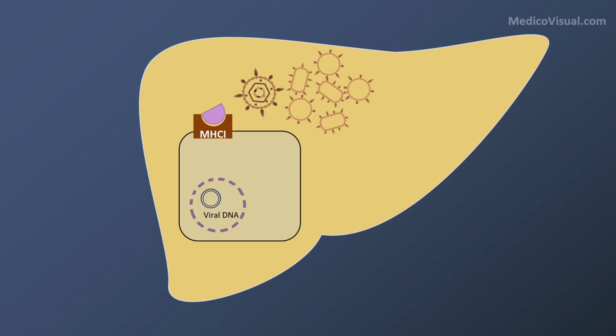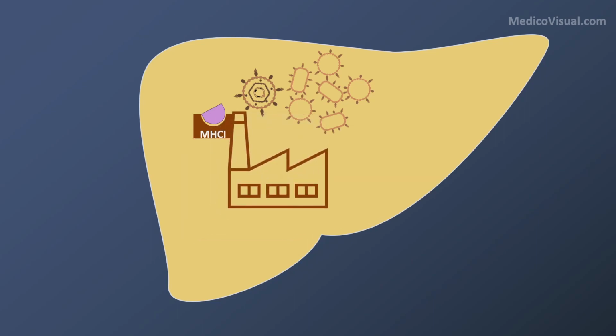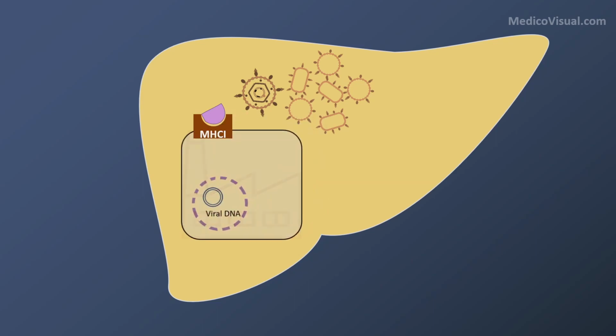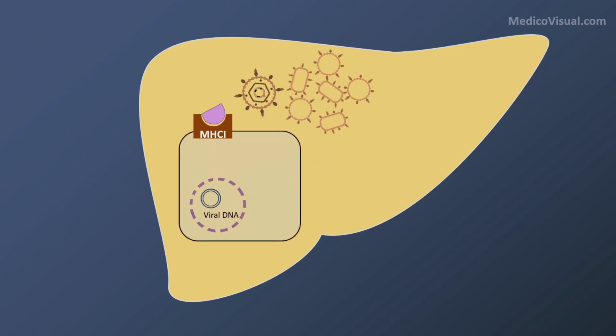So this poor cell, because its factory has been hijacked by the virus and it has started producing viral proteins, what will happen? Because normal protein is not being synthesized, the immune system will catch it.